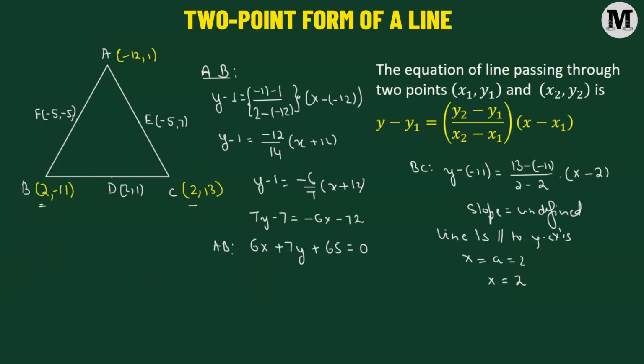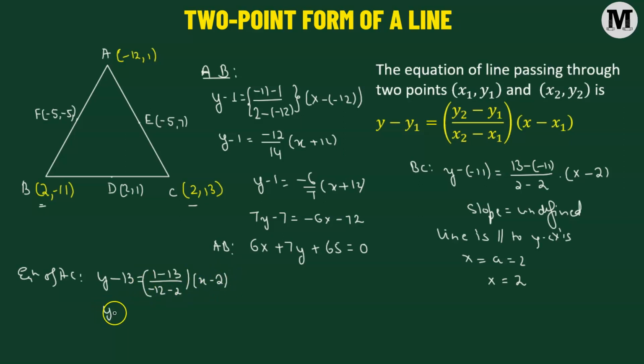Okay, and finally, we'll find out the equation of the third side, the equation of AC. So we'll need y minus y1. Here, let's take C to be x1 comma y1. So y1 is 13. This will be equal to, we need the difference of the y coordinates, so y1 minus 13, divided by the difference of the x coordinates. So that's negative 12 minus 2. This will get multiplied by x minus x1. So x1 will be 2.